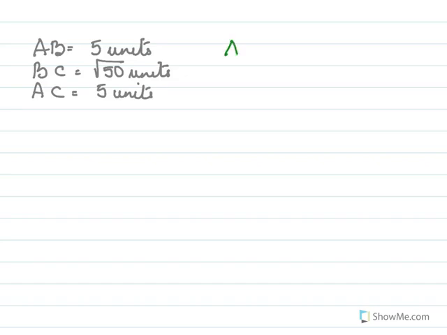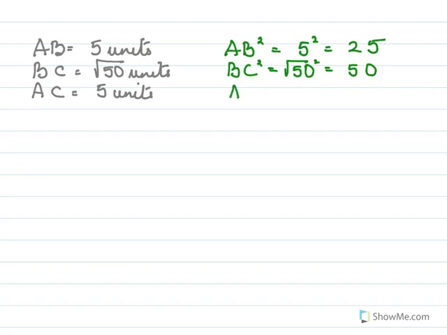So AB square will be 5 square, which is 25. BC square will be root 50 the whole square, that is 50, and AC square will be 5 square, and that is 25. Now what have you noticed?